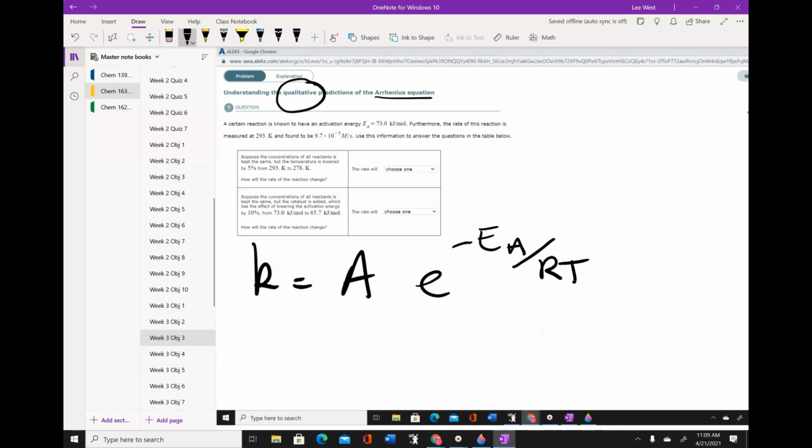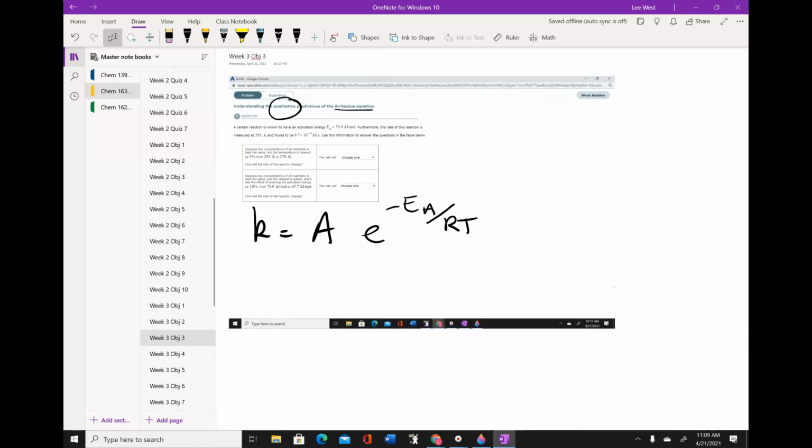Now there are some other common rearrangements of the Arrhenius equation. We can put it in the linear form, like the slope-intercept form, and we can also write it in what's called the two-point form, and they can be helpful when solving certain kinds of problems. But let's just look at the standard form and see what it's telling us.